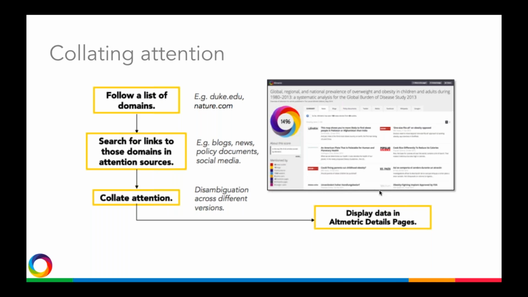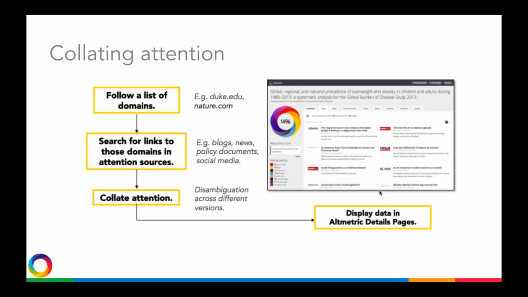Our system scans them all for links to nature.com. It then will follow those links to see which article they end up on. It can disambiguate across different versions of the article. So for example, if it's hosted on nature.com, but also lives in an institutional repository, where possible, we will merge them together so we collate the attention, you can see it all in one place.